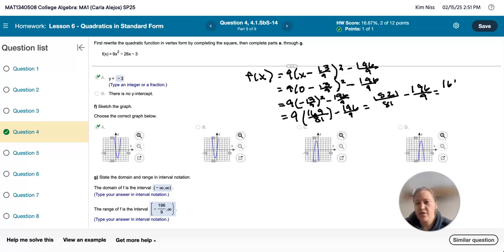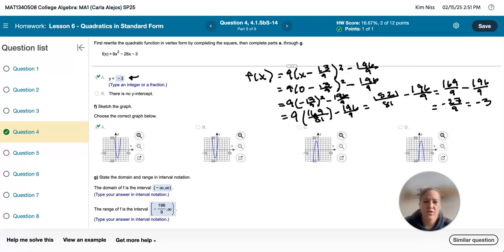So 169 over 9 minus 196 over 9 leaves us with negative 27 over 9, which equals negative 3. So that's how we got our y-intercept of negative 3.